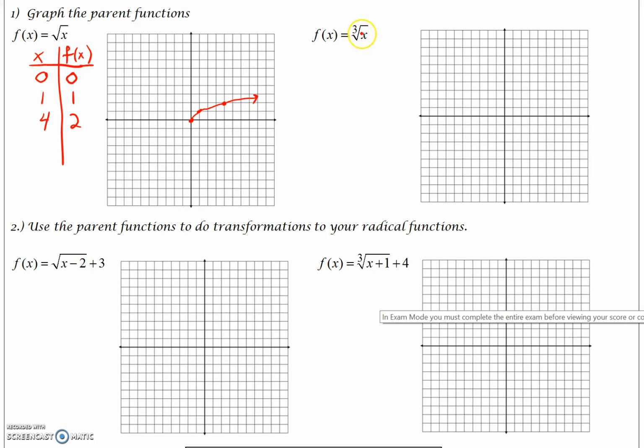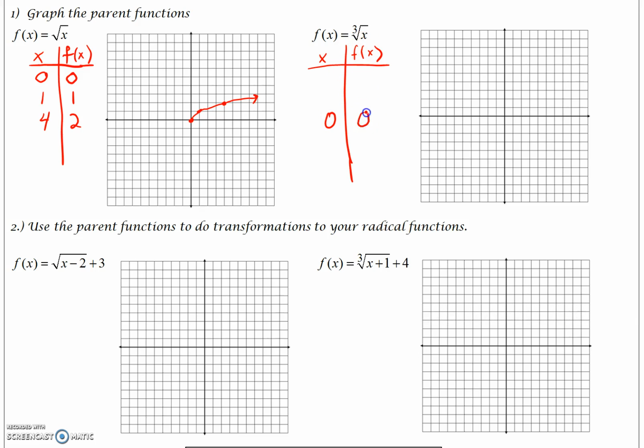Similarly, for the cube root function, I'm going to plot some points. Now for cube roots, we can have positives and negatives. One number that we can use here for the cube root is 0 once again. The cube root of 0 is always going to be 0, because 0 times itself 3 times is always going to be 0.